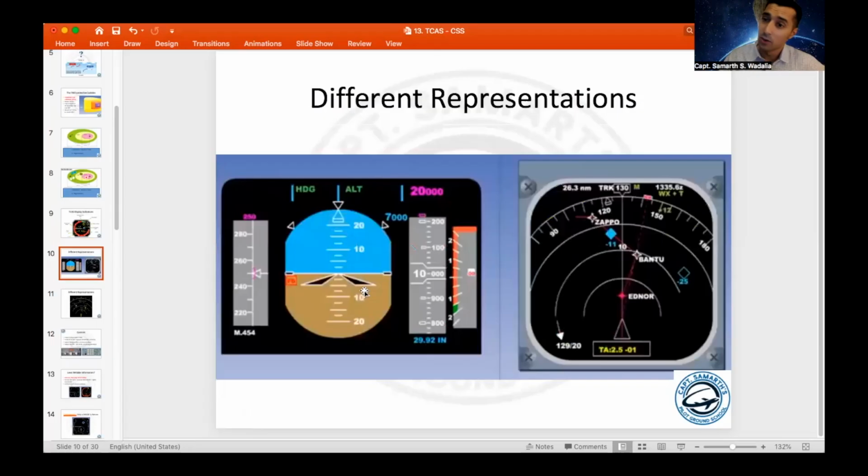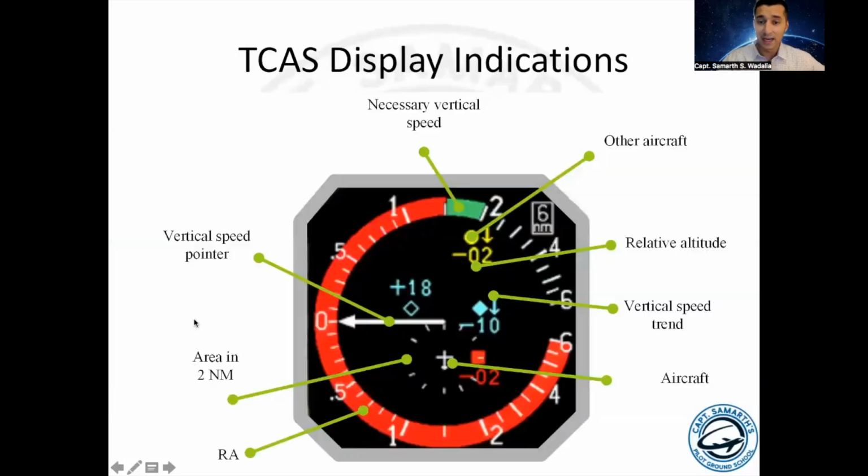Doesn't matter what type of aircraft you're flying, if your TCAS gets into a resolution advisory situation, your vertical speed indicator will turn red and green, telling you that, Captain, you must place your vertical speed indicator needle in the green zone.